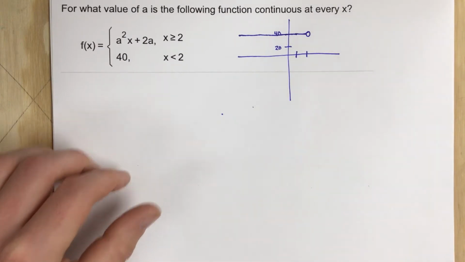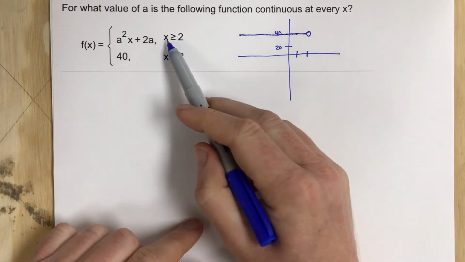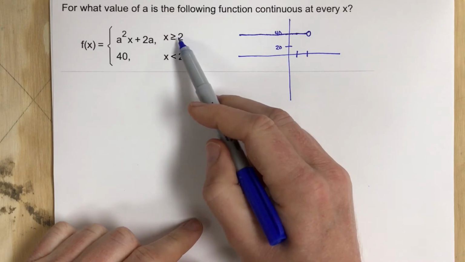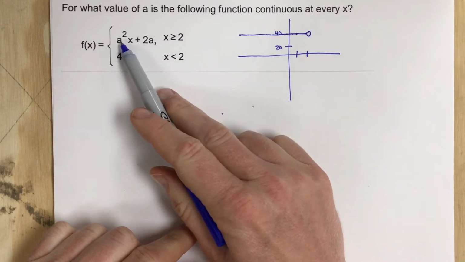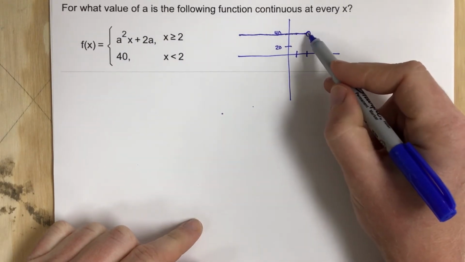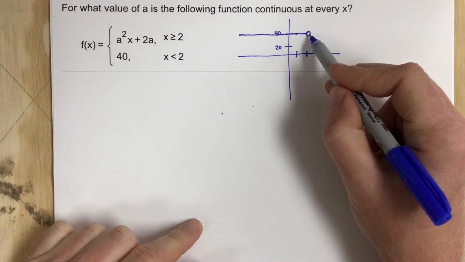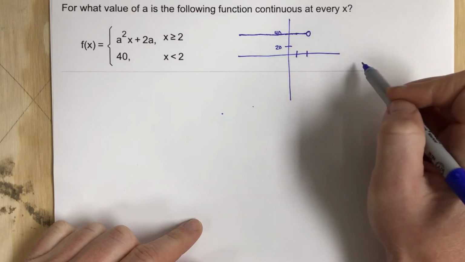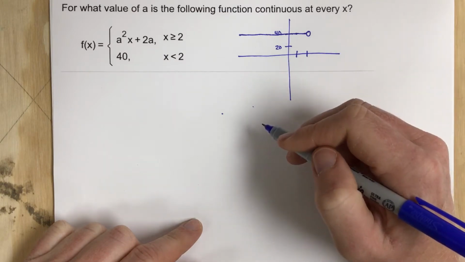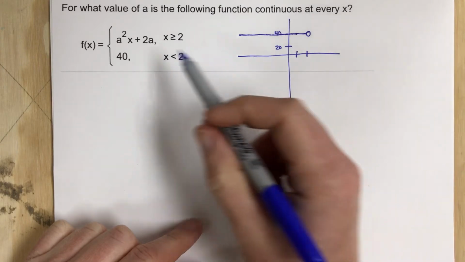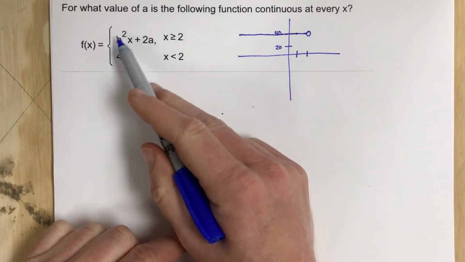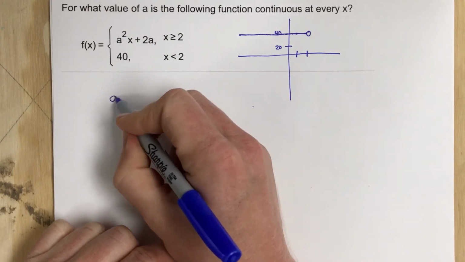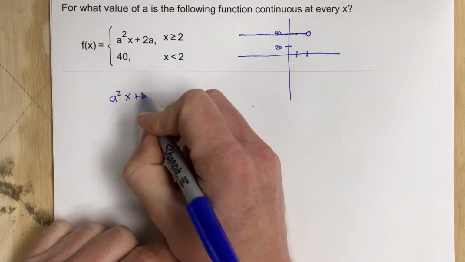So really what they're asking us is, from x greater than or equal to 2, what value for a will start at 40 essentially, and then drift off this direction for x values that are greater than 2. Well, what does that really mean? That means that we need to start with a squared x plus 2a.